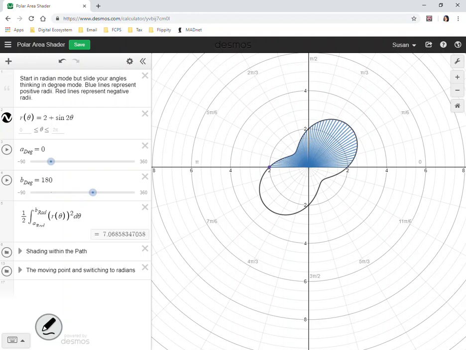So that means we have to change it from polar to rectangular. A particle is traveling along a particular curve.